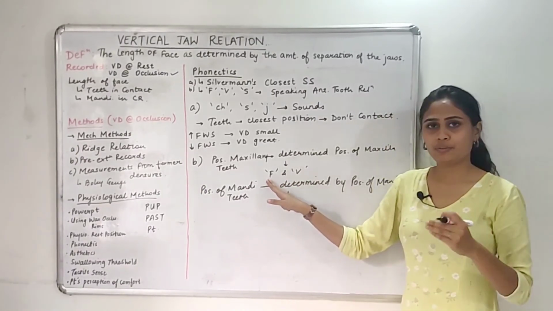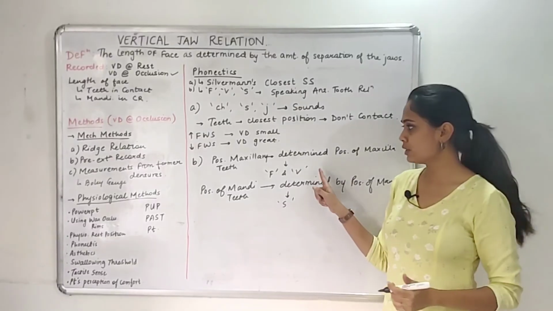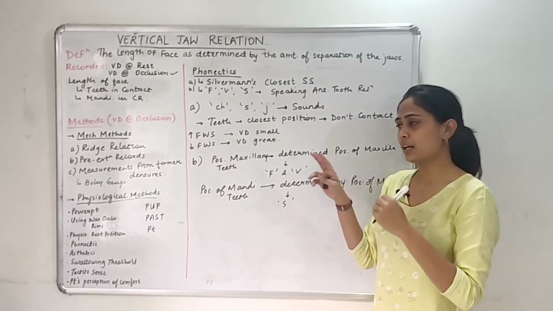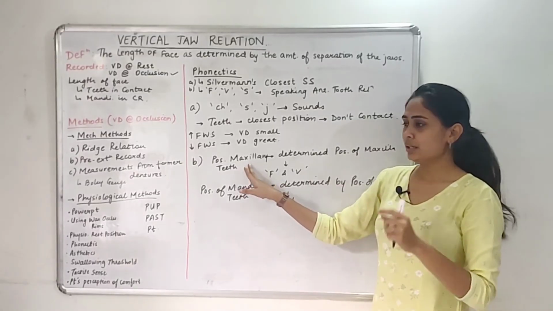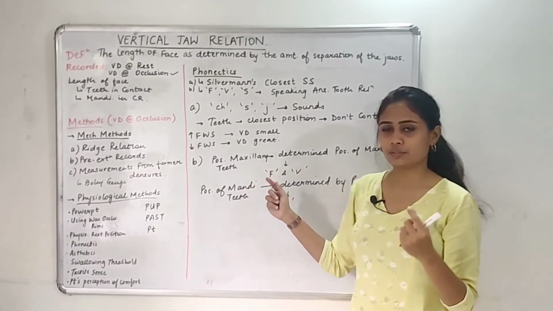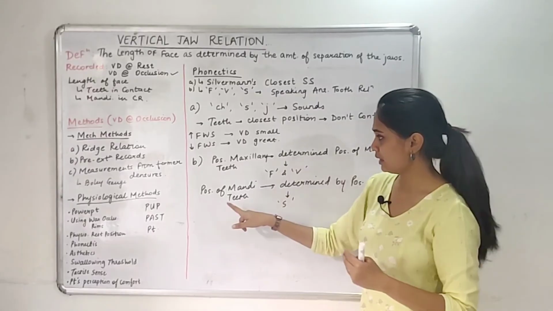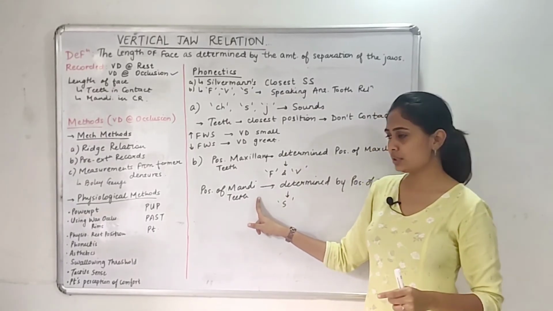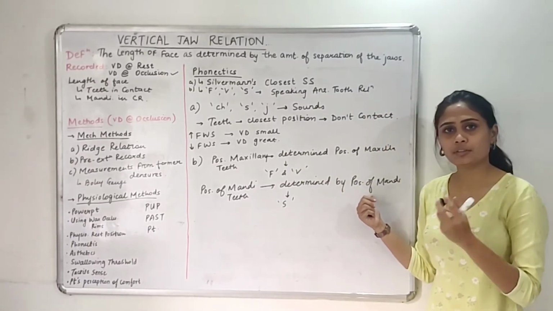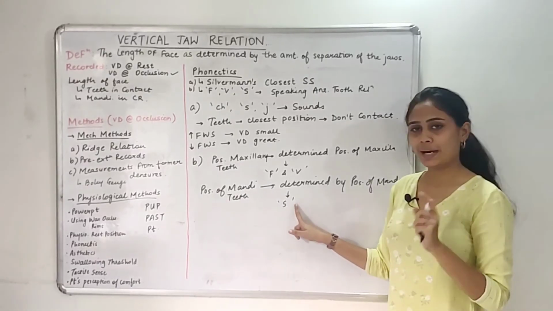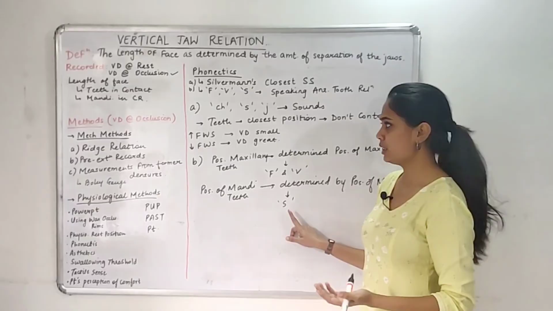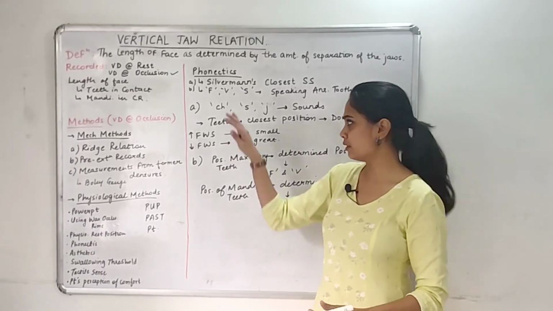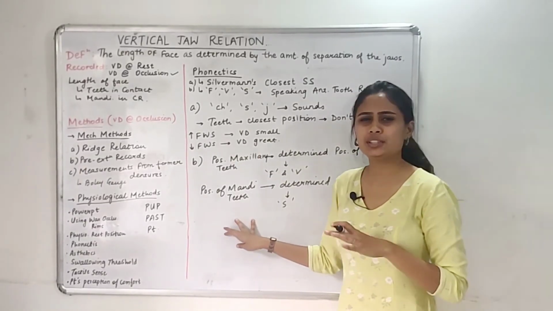When you try speaking those words, we will see how the teeth and the rims contact each other and how these words show the importance of the position of the maxillary teeth. And the position of the mandibular teeth is determined by the placement of the mandible or the mandibular occlusal rim when the sound S is produced. So for this whole thing, the procedure is very simple.